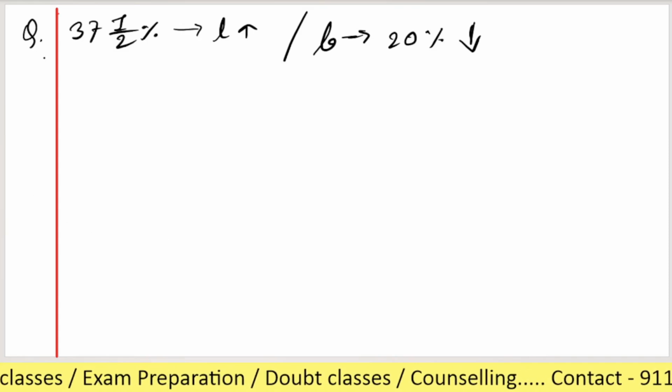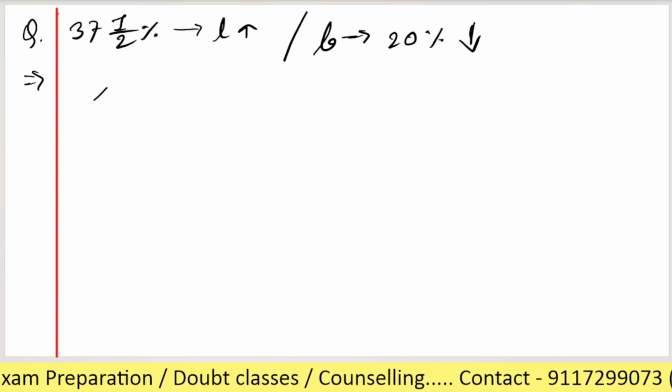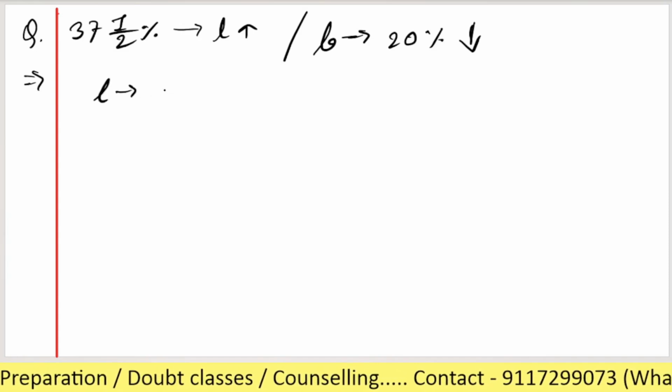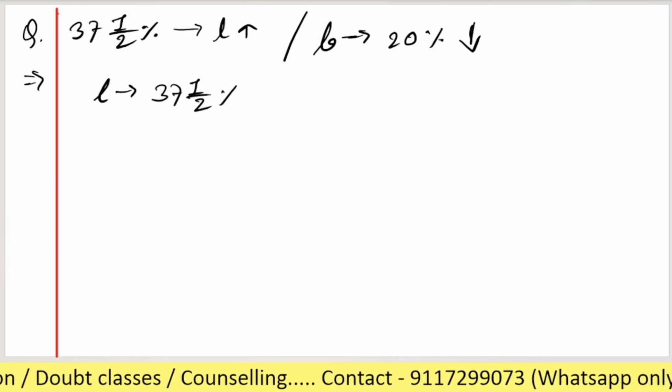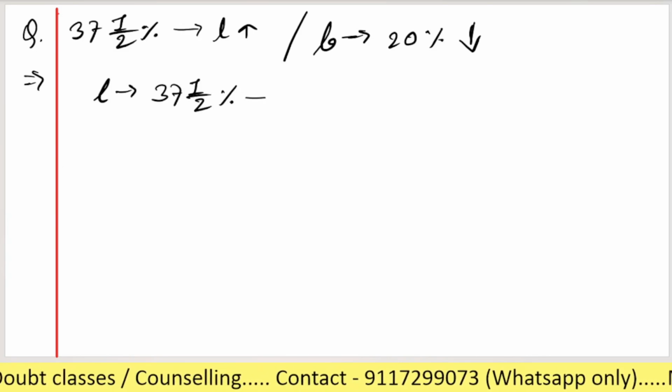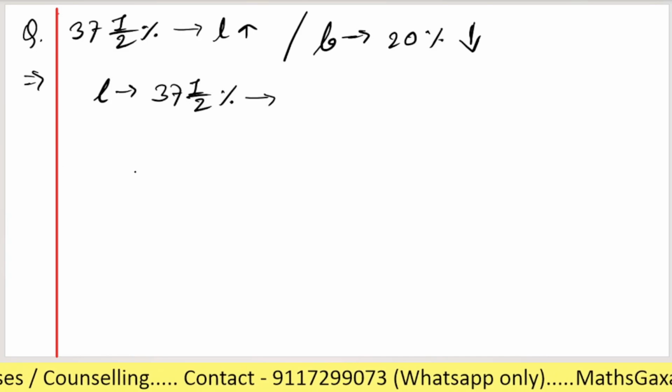Okay, let's see how we will do it. In length it is an increment of 37 whole 1 by 2%, right? We have to change it into a fraction. We have already learned how to change it.